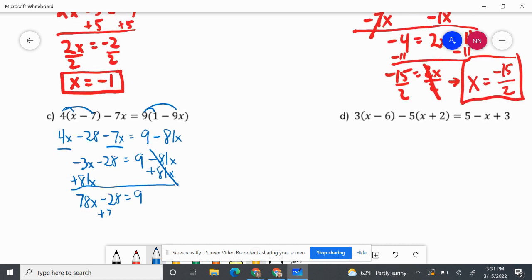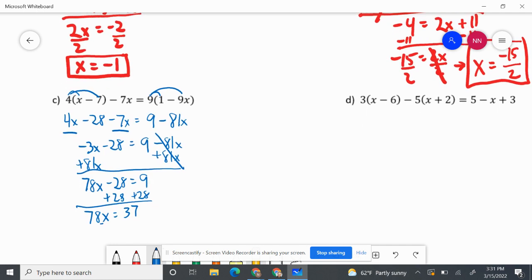Then I'm going to add the 28. And I get 78x is equal to 37. And my last step is I'm going to divide by 78, divided by 78. So x is equal to 37 over 78.